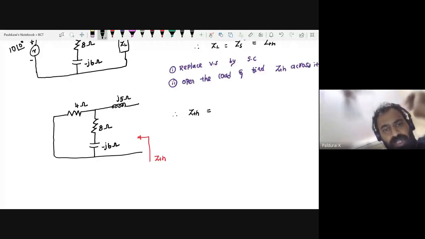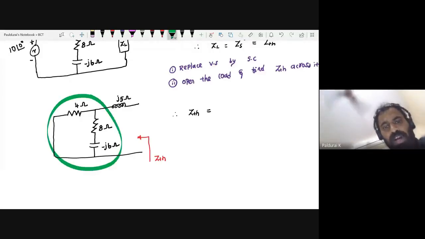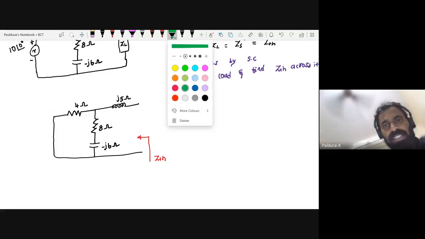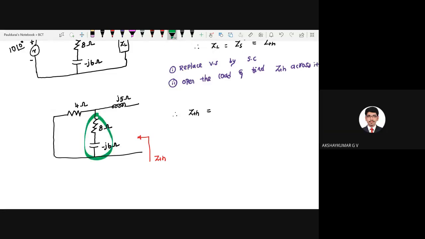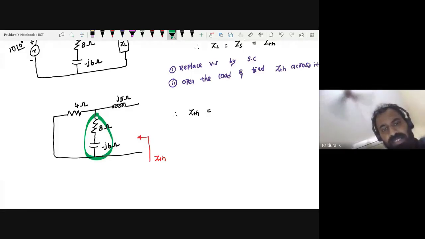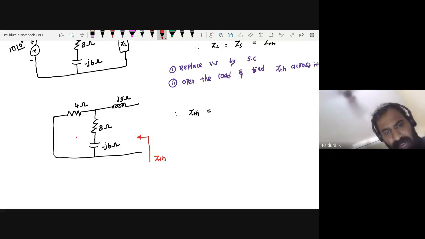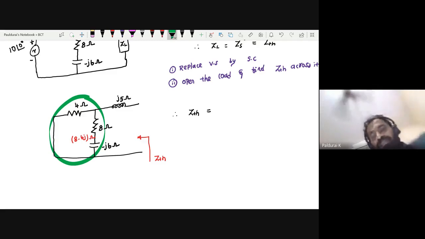First of all, how are this 8 minus j6 and the other element connected? How are these two connected? Series, sir. So what is the equivalent? 8 minus j6. So now can I write 8 minus j6 here? Now how are this 8 minus j6 and the 4 ohm connected? Parallel, sir.